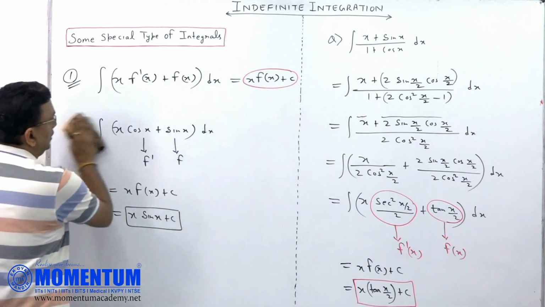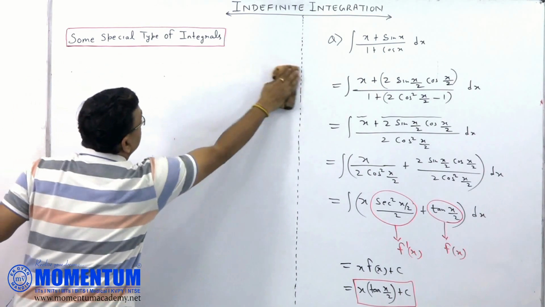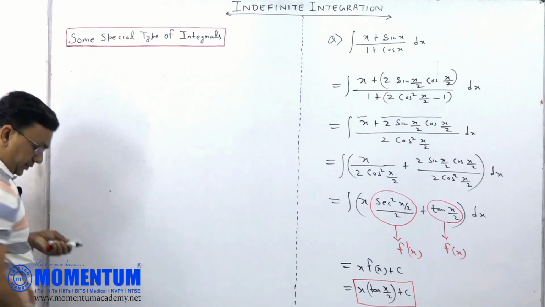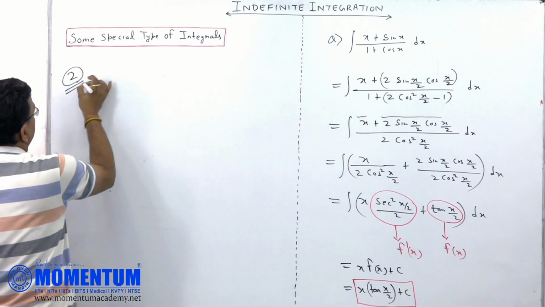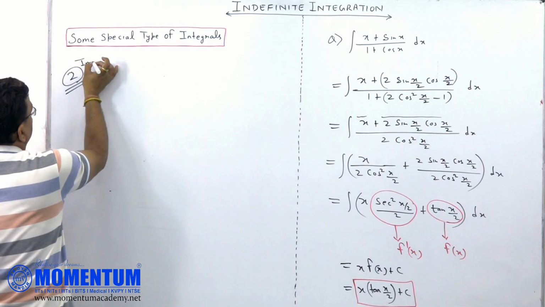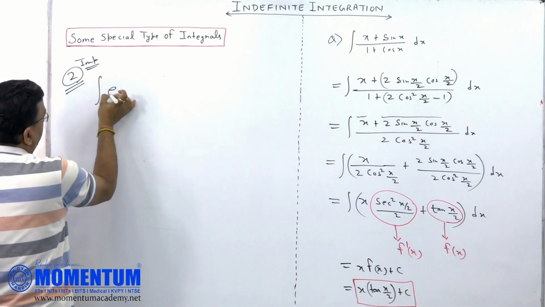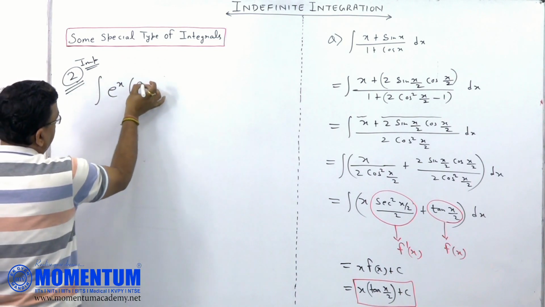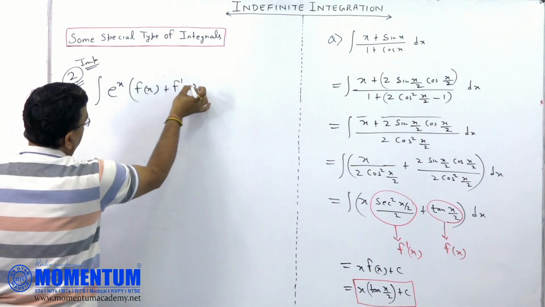Now special integral number 2, and it is a very important one. It is integration of e to the power x times f of x plus f dash x.